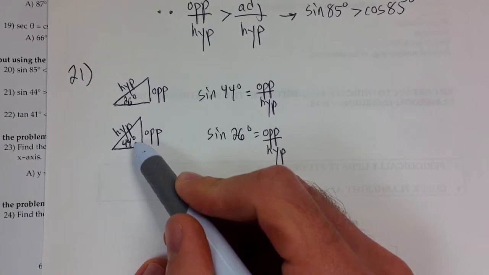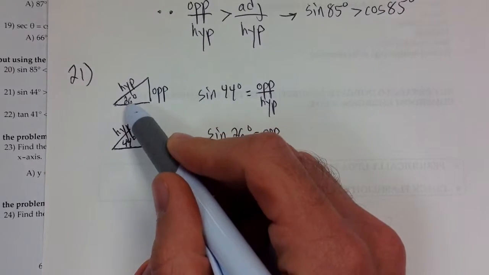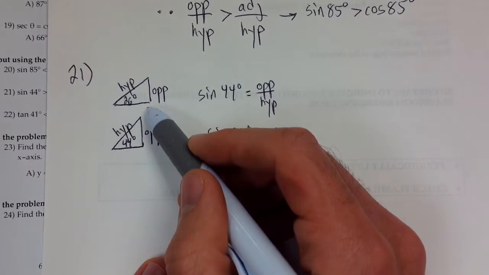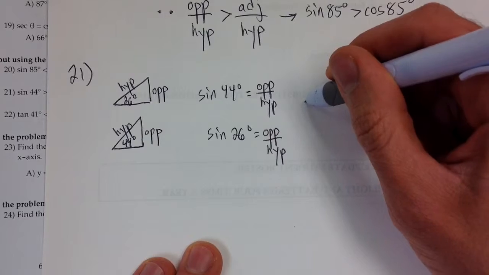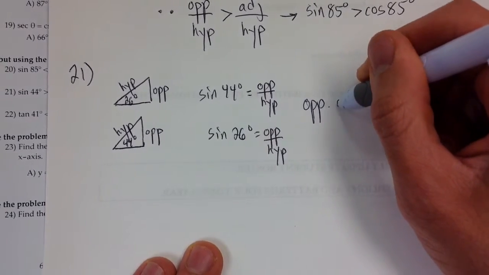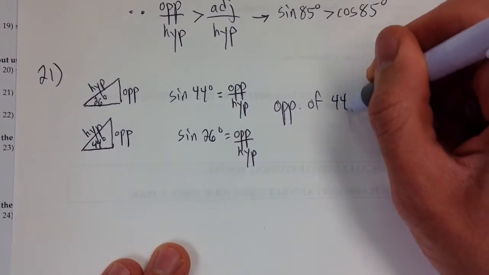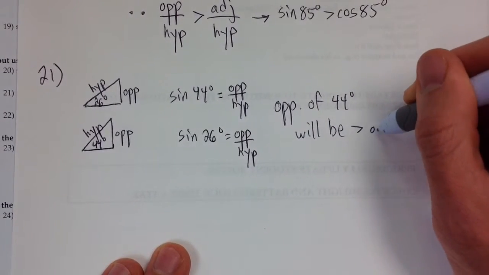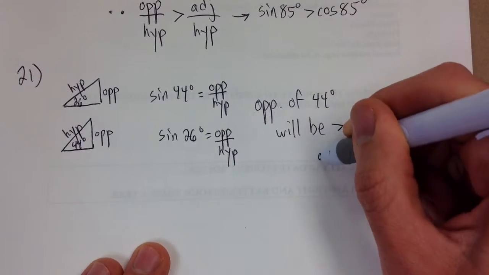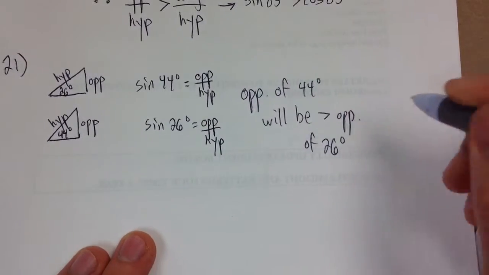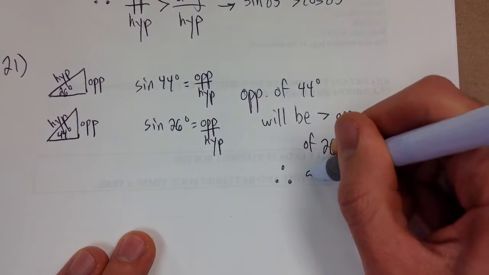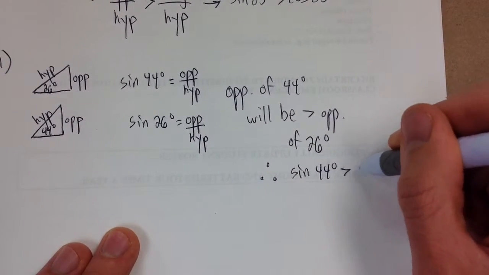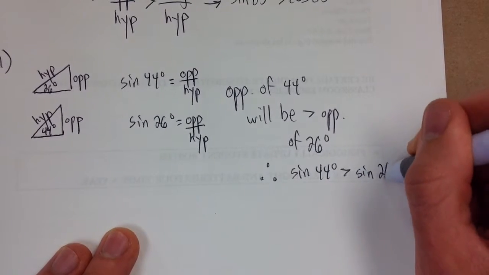The opposite to 44 is going to be greater than the opposite to 26. It's like a taller triangle, or it is a taller triangle than this one. So opposite of 44 degrees will be greater than opposite of 26 degrees. Therefore, sine of 44 degrees will be greater than sine of 26 degrees.